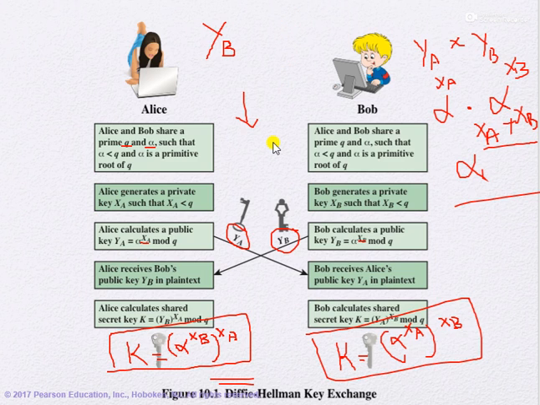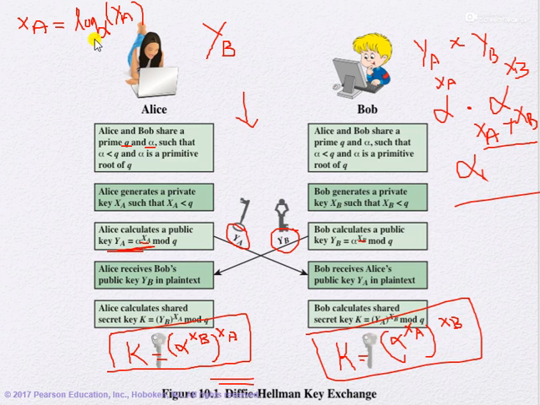So to get XA or XB from YA or YB, say from YA to get XA, what you have to do is XA equals log to the base alpha of YA.